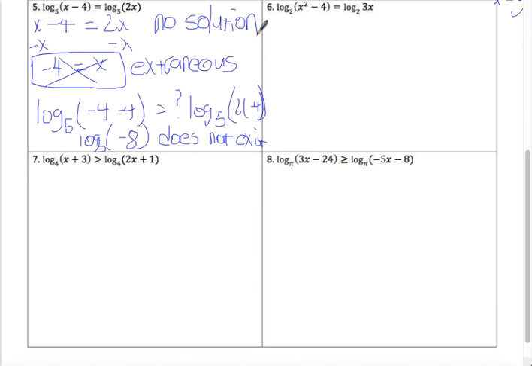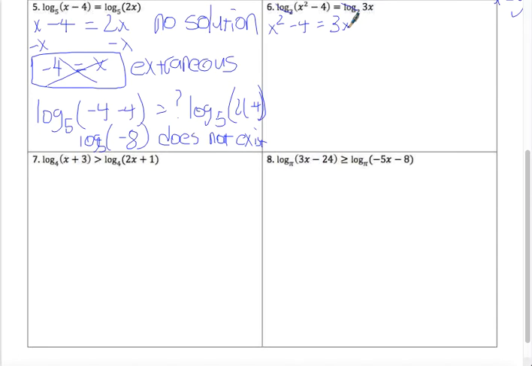Here again, the log on both sides, we can ignore it now because it's the same log, and we just solve x squared minus 4 equals 3x. Now, since this is a quadratic equation, we need to set it equal to 0 to solve.